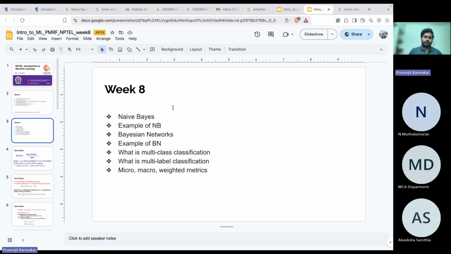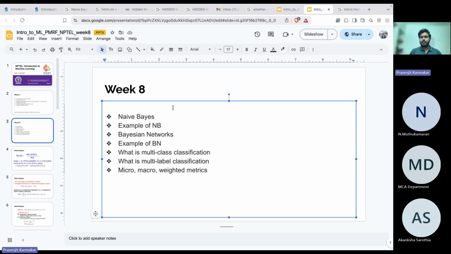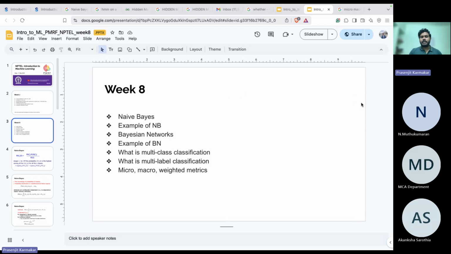Why? Because one class may have very few samples, and the performance of the classifier for that class would not be represented if I just take the average accuracy. So we'll cover those parts.